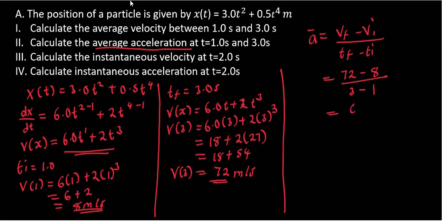So when I subtract there, it would be 64 over 2, meaning the answer is 32 meters per second squared.